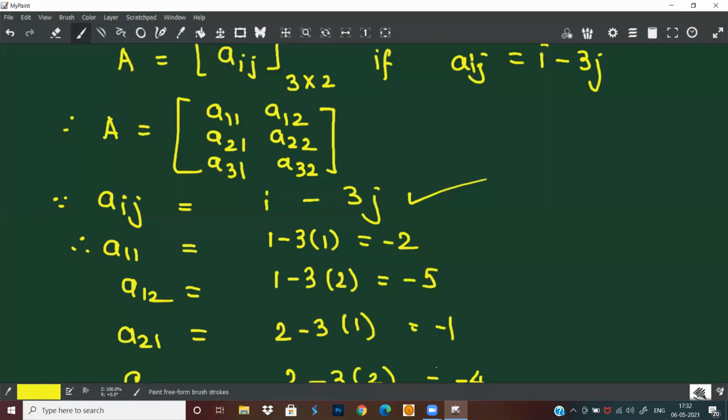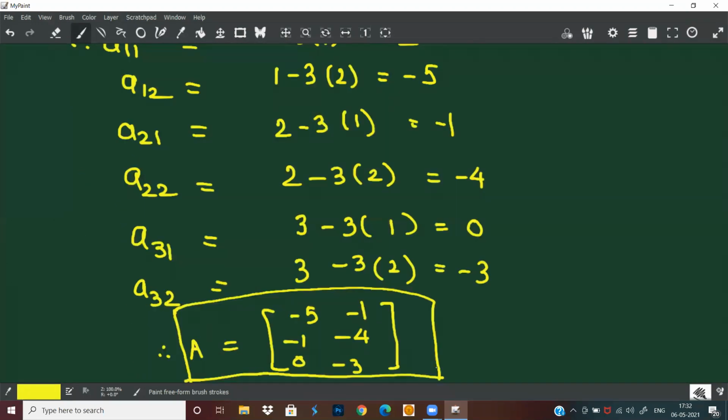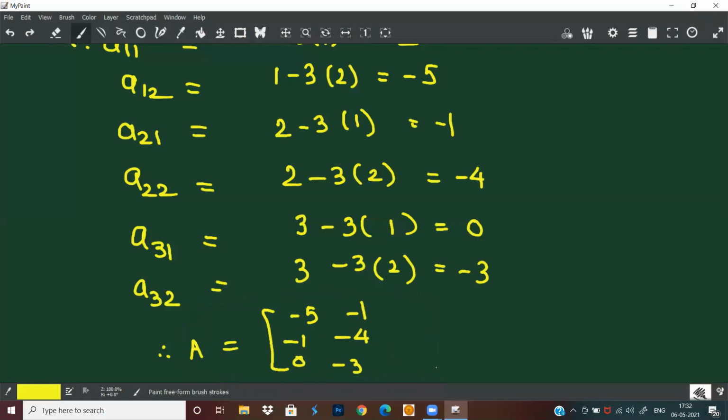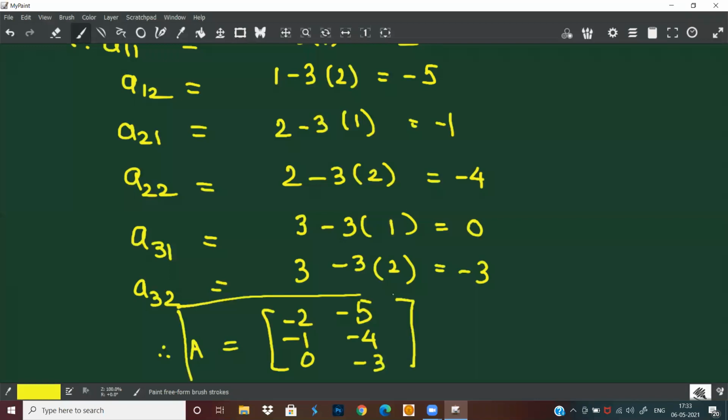Check. आ गया? Construction of matrix समझा?